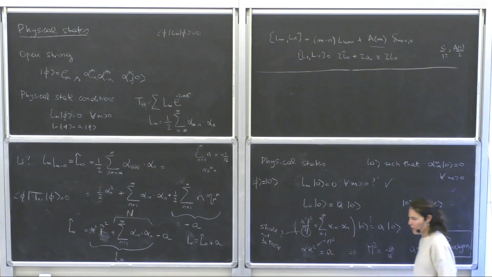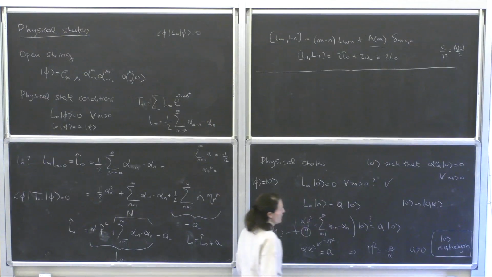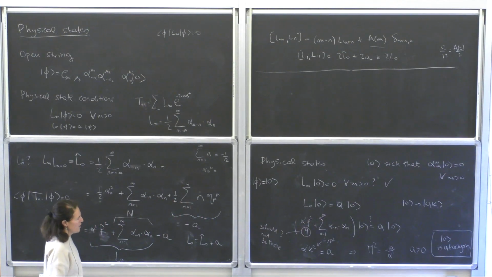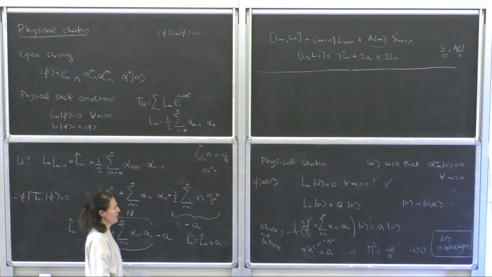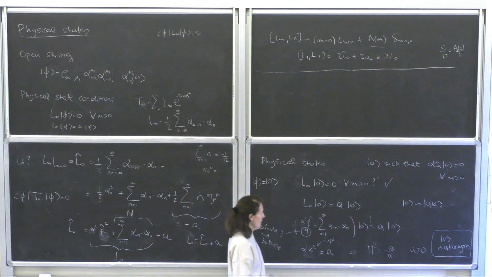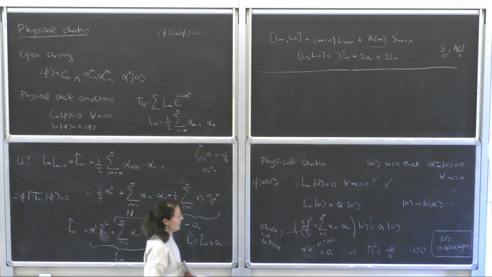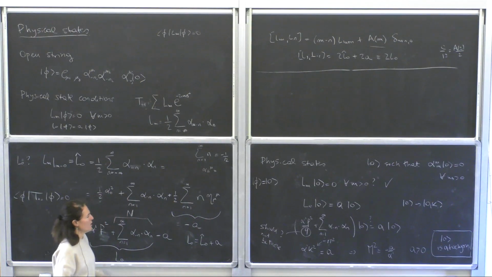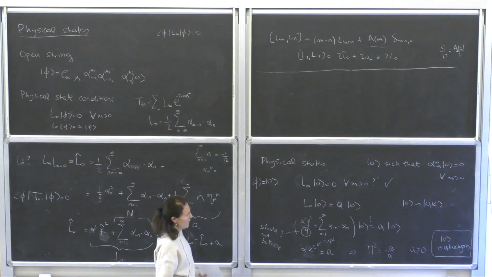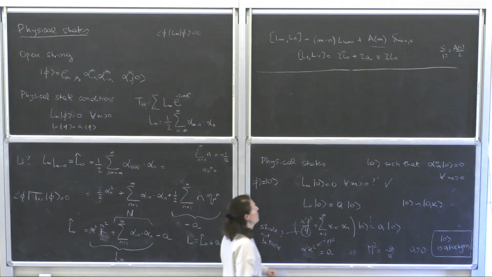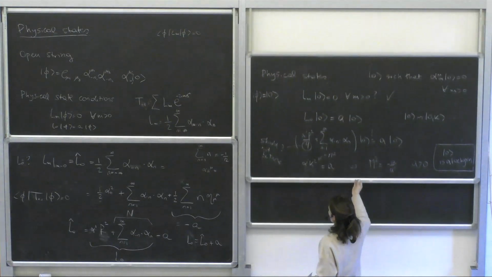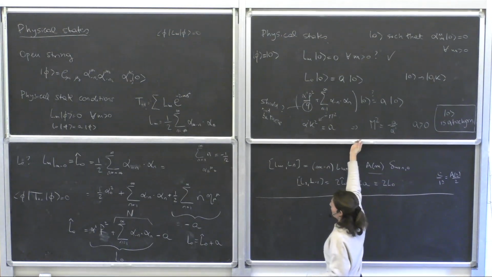So that's not good. States with negative mass squared mean there's an instability, and the true vacuum is somewhere else. So I have to do something with the tachyon, and we don't know what to do with it.